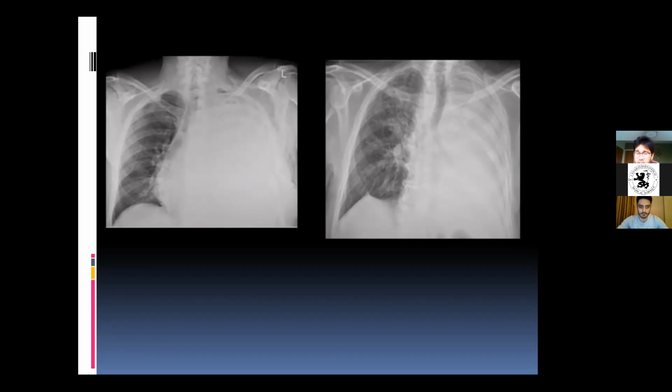On the left, there is tracheal deviation towards the right lung. Okay, fine. And what about the X-ray on the right? And why might there be a tracheal deviation towards a left lung, if there is a left lung there?